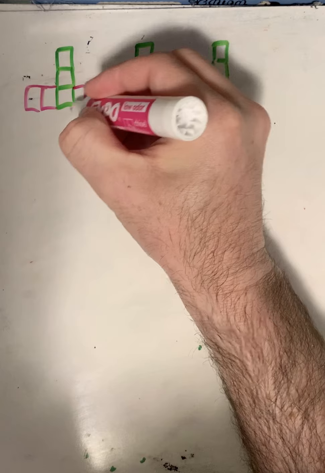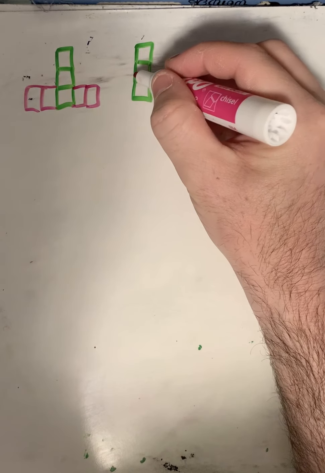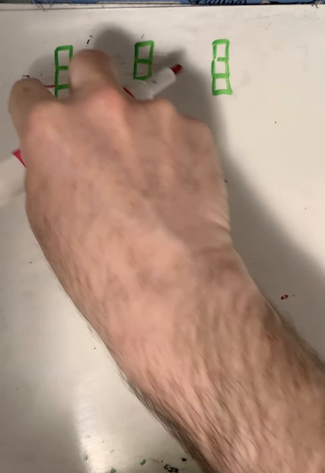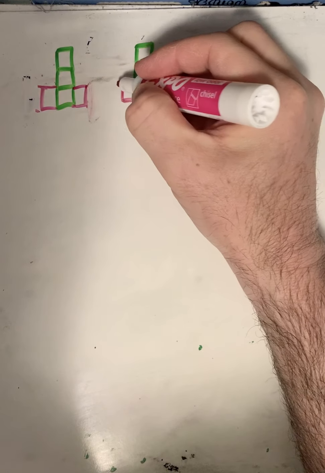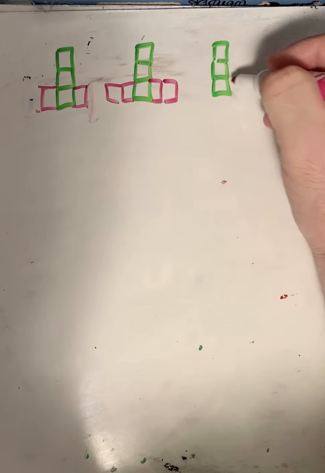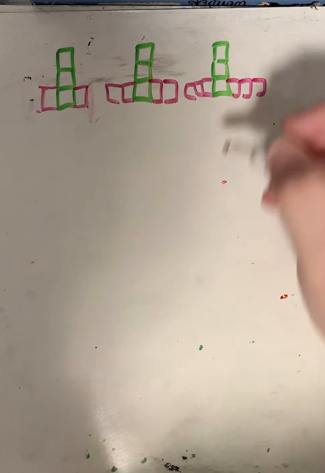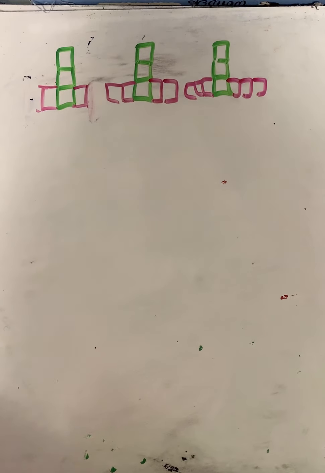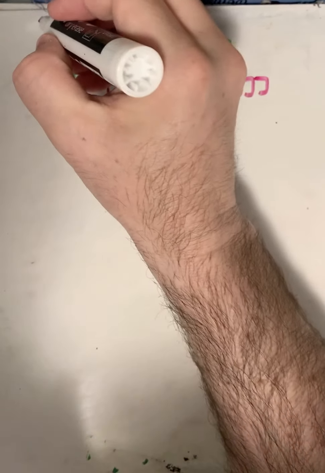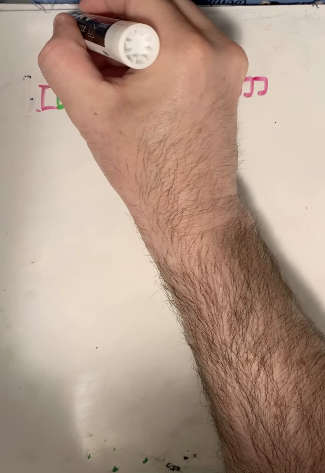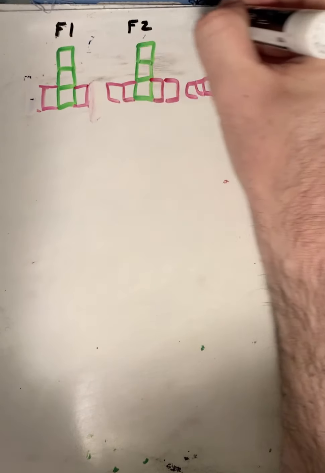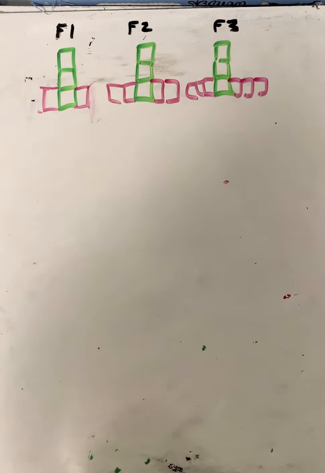I'm going to have 1 there, I have 2 here, and it's going to be tight, 3 here. And I'm going to label these really quickly: figure 1, figure 2, and figure 3.